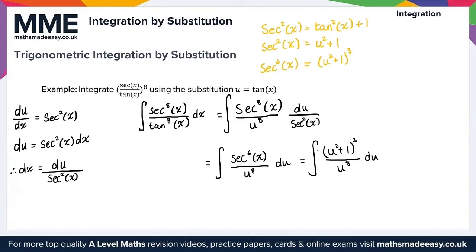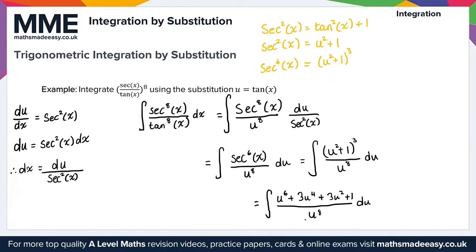Here we want to expand this product of 3 brackets. You can use binomial expansion if you want, or you can write it as a product of 3 brackets and expand it. What you should get is u to the 6 plus 3u to the 4 plus 3u squared plus 1, all over u to the 8, with respect to u.